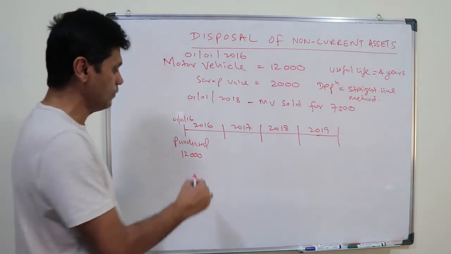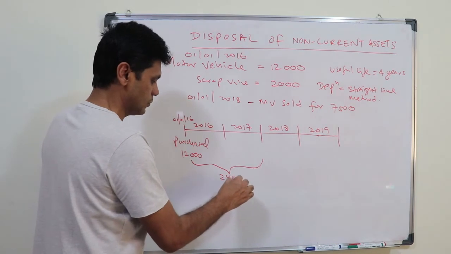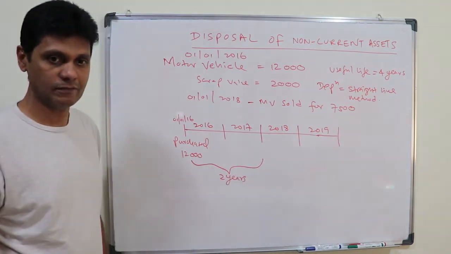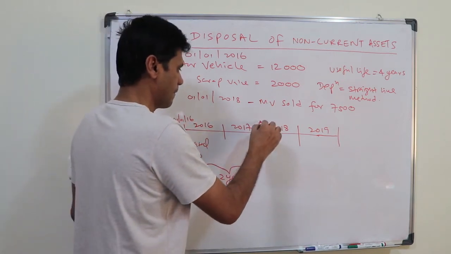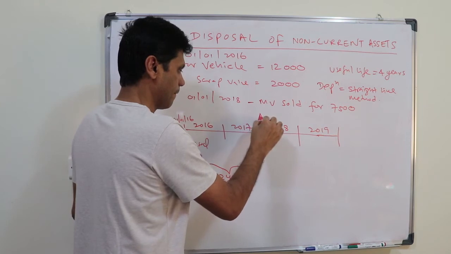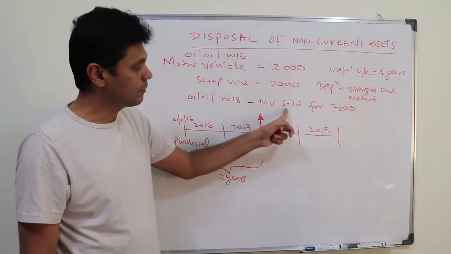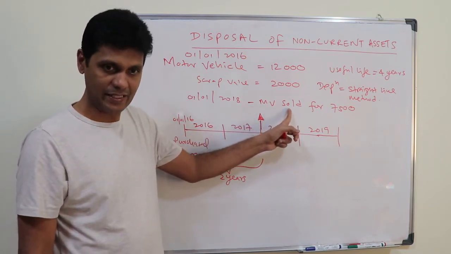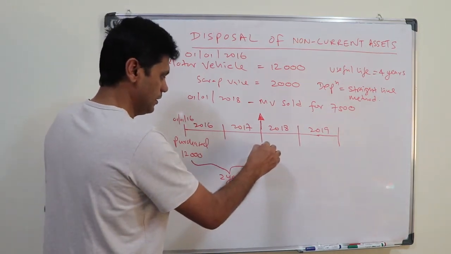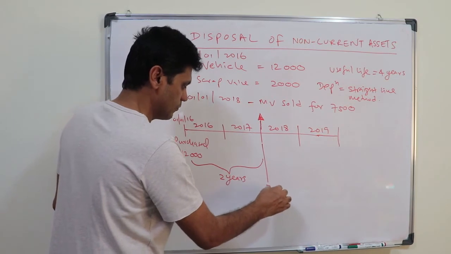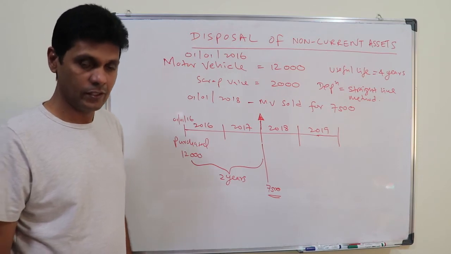However, after using the motor vehicle for 2 years, what is the decision the business has taken? On 1st January, the beginning of 2018, the business decided to sell the asset for 7,500.